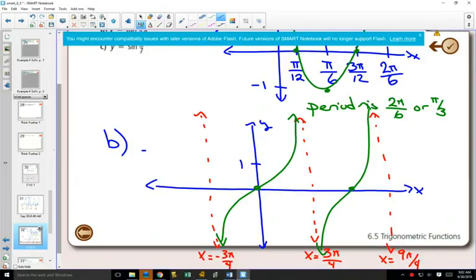So our period for tan was pi, and now it's been stretched because we've multiplied our x values by 3 over 2. So now our period for this one is pi times 3 over 2, 3 pi over 2. And you can see that from the graph. If you would go from 3 pi over 4 to 9 pi over 4, you've gone up 6 pi over 4, which reduces to 3 pi over 2.